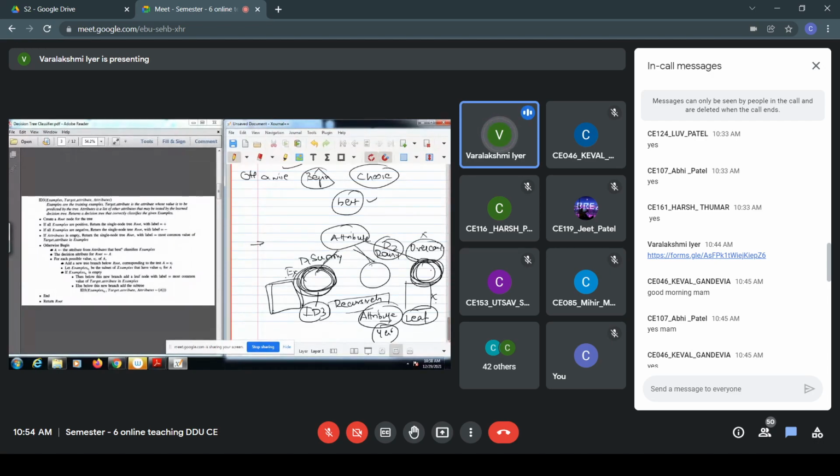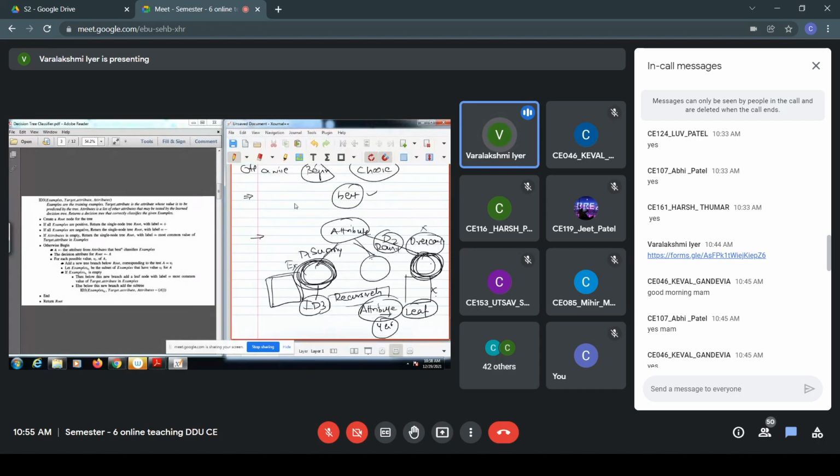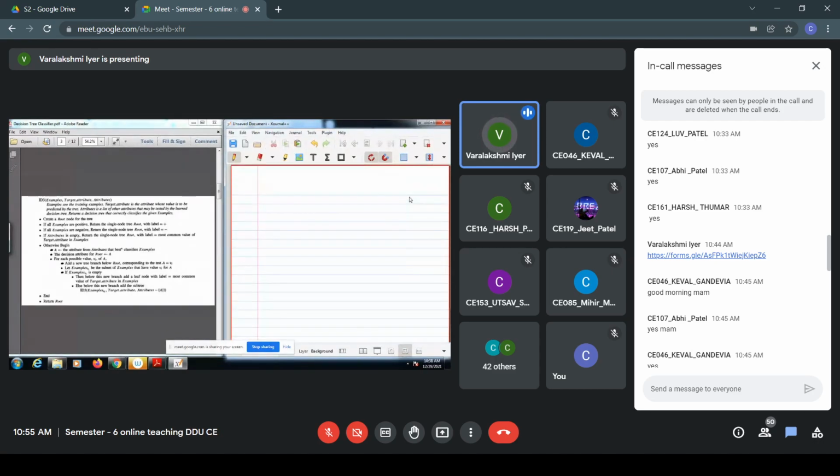Is it clear? This algorithm is clear to everyone? All the statements are clear? Yes, mostly from left to right we are going. But let's try this. For example, you are doing this Outlook.